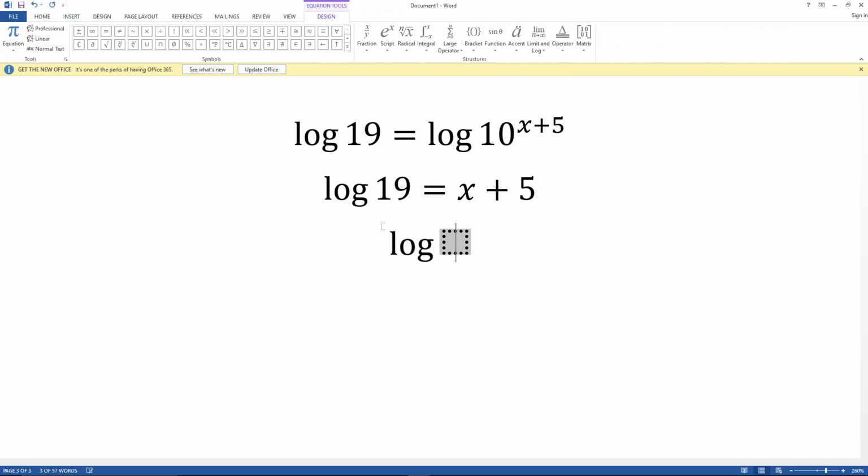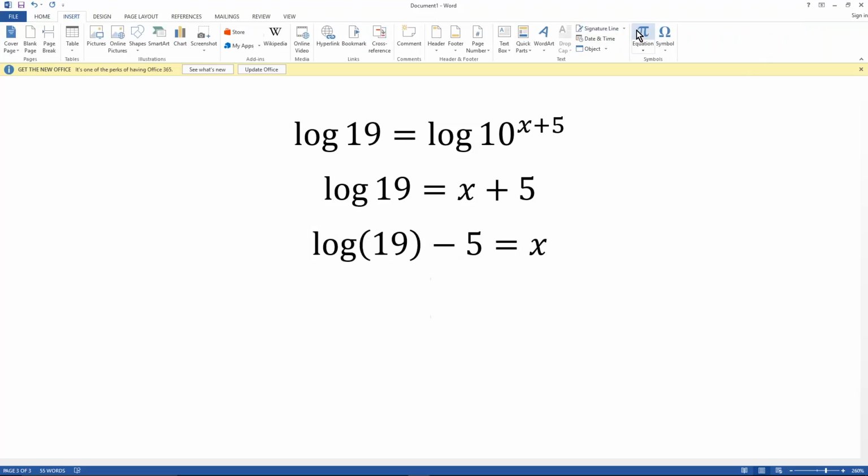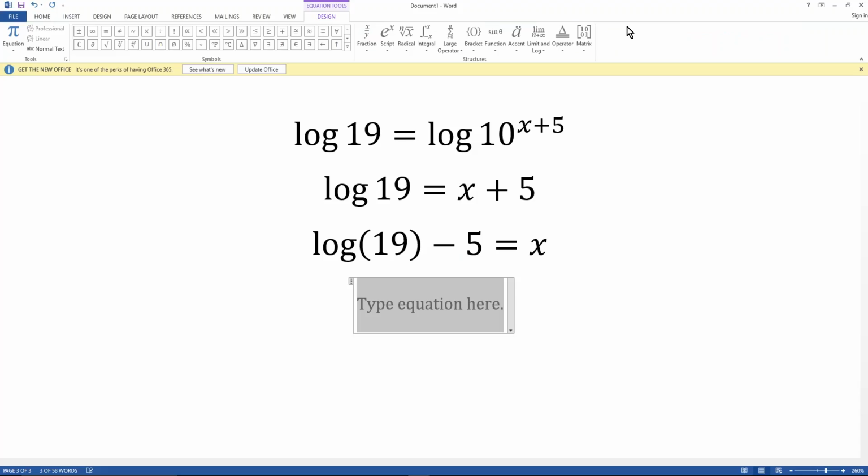When you type it into the calculator, it'll show up like this: log 19 minus 5 equals x. And what do you get? Negative 3.721. Yeah, that's what I got.